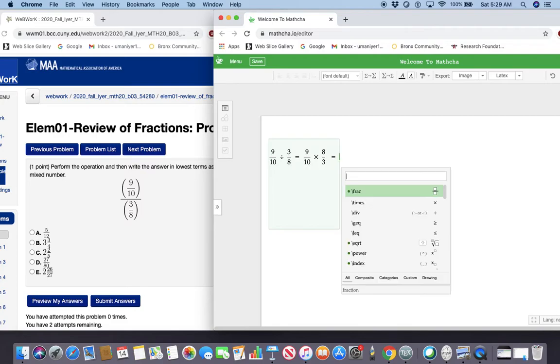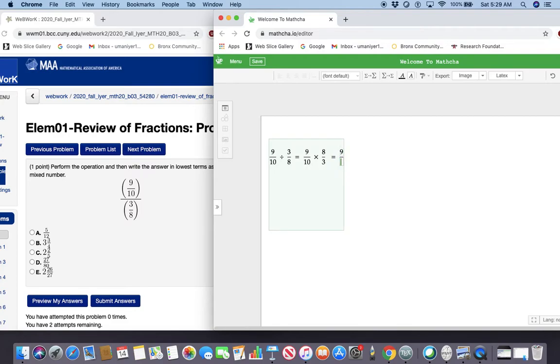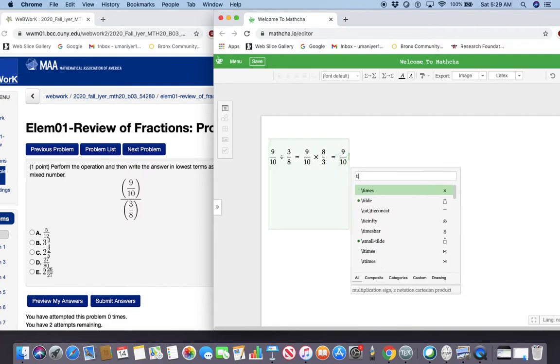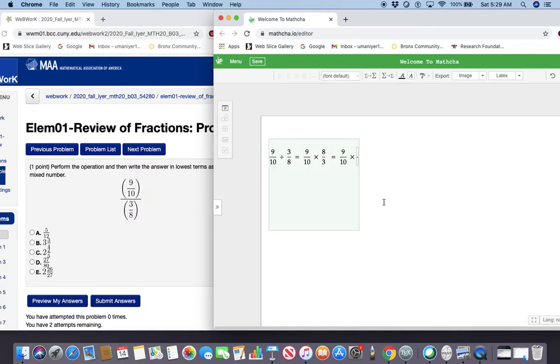Now see whether we can reduce anything first. I'm simply rewriting my fraction so that I can see the reduction. That's a 3, and 3 goes in 9. So 3 is 3 times 1, and 9 is 3 times 3. So 3 is a common factor.